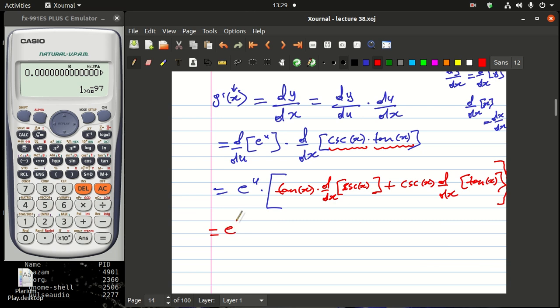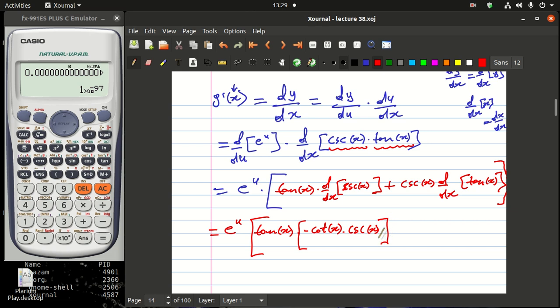Right, now that you have closed your brackets here, what are you going to get? You still have e to the power u, and then what is inside? I still have tan of x, and then what is the derivative of cosecant of x? Remember that when we were finding the derivative of cosecant x, it was minus cot of x times cosecant x.